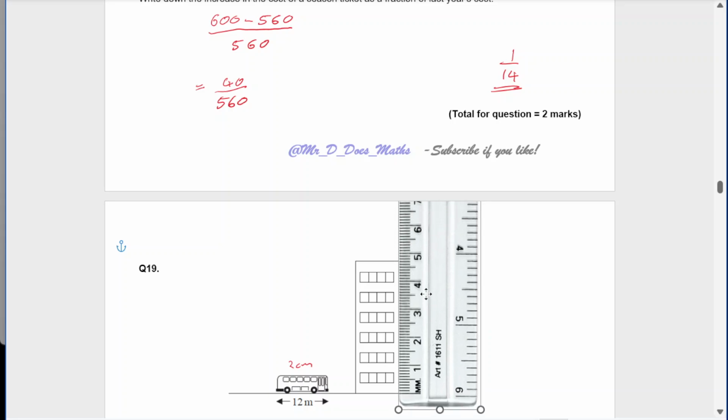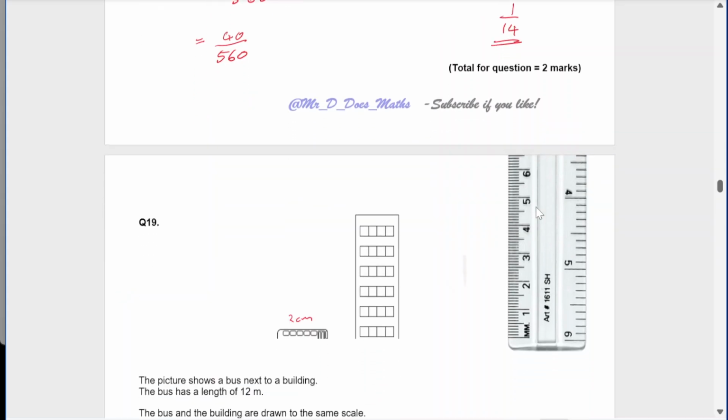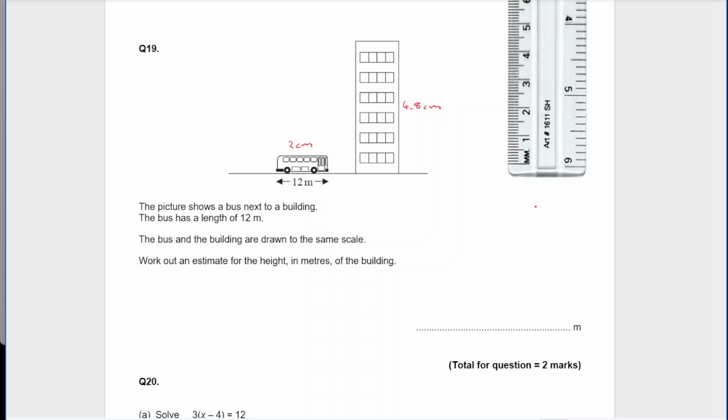My ruler is going to go off the page. So to work out the real length, I'm going to do 4.8 divided by 2 and then times that by 12.